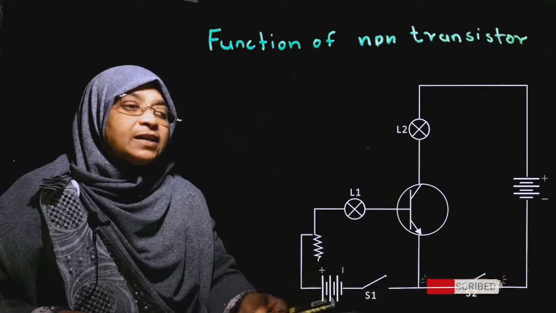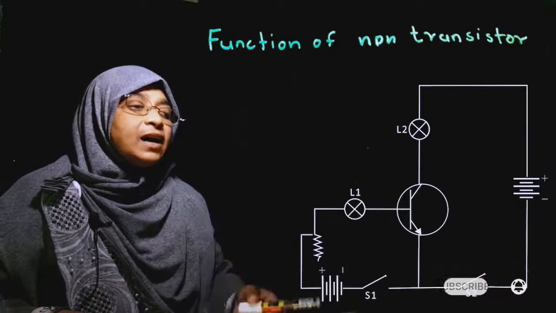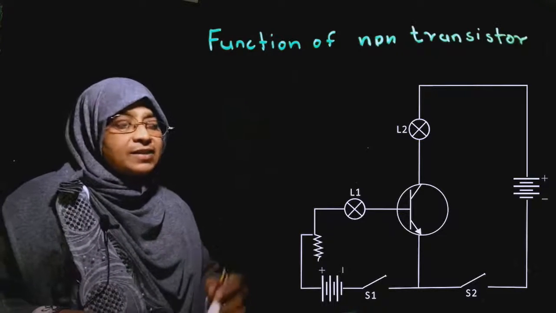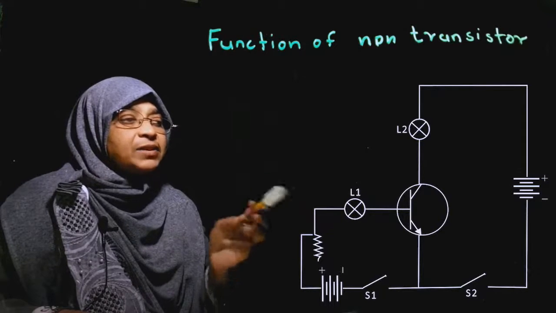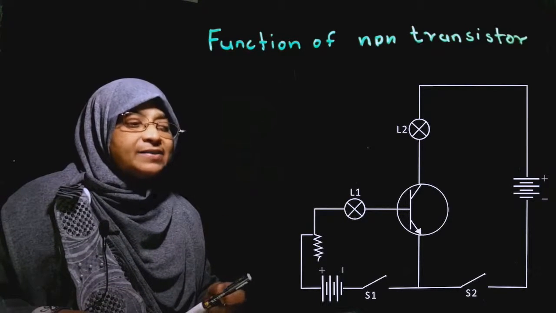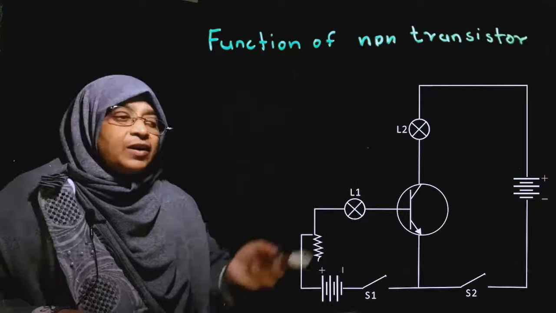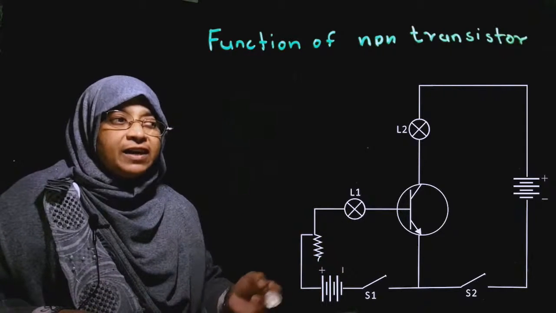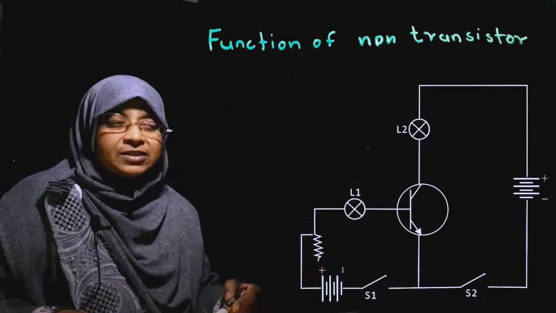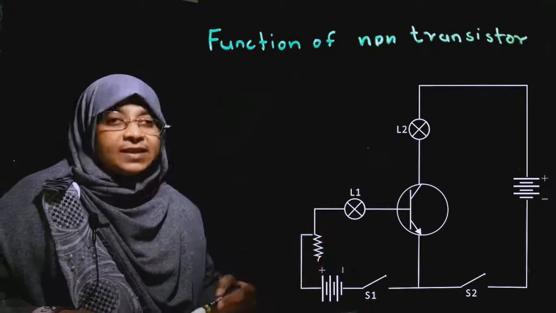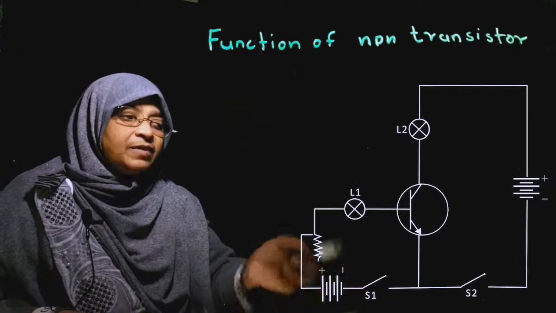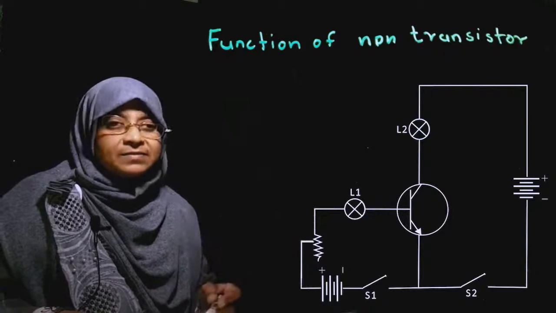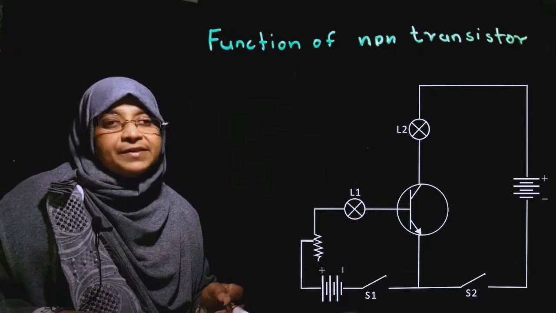It is a variable adjustable resistance. Here's the circuit. You can see the base emitter junction is forwardly biased, and to supply a small voltage between these two junctions in the input circuit, we have connected a variable resistance to control the voltage.